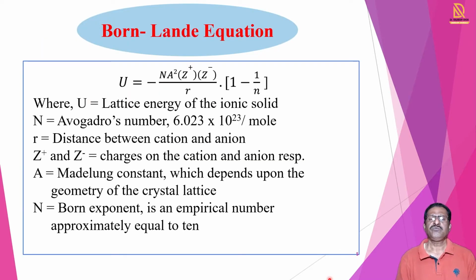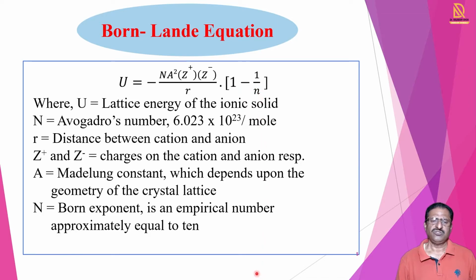Now we see the Born-Lande equation. Born and Lande studied the formation of lattice energy, and they developed one equation. That equation is U is equal to minus N A squared Z plus Z minus divided by R, into, in the bracket, 1 minus 1 by n.